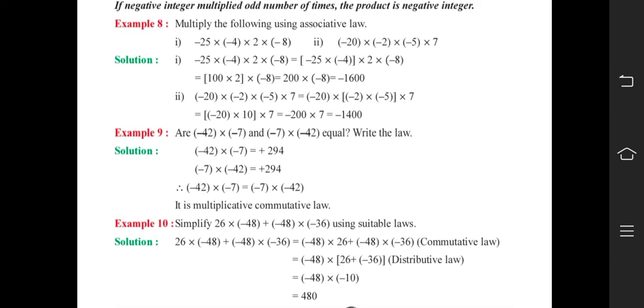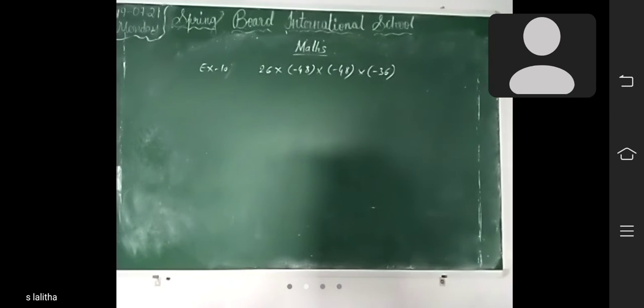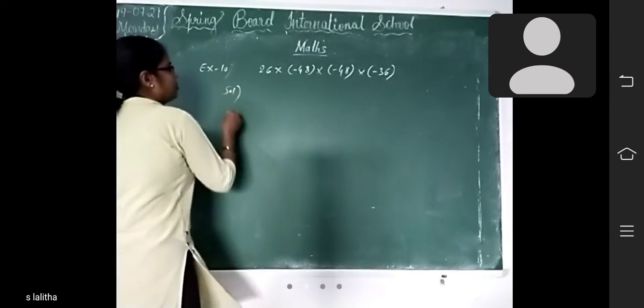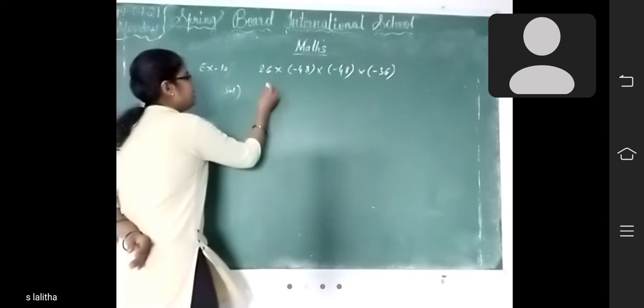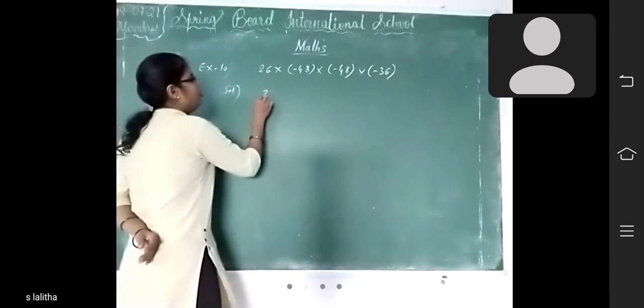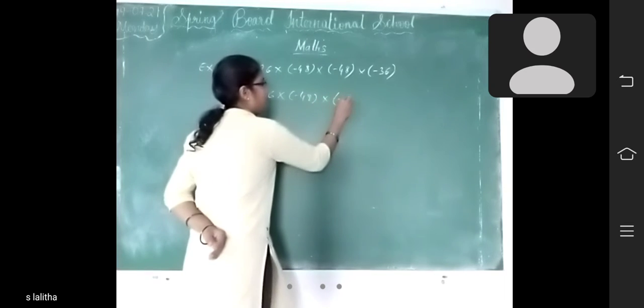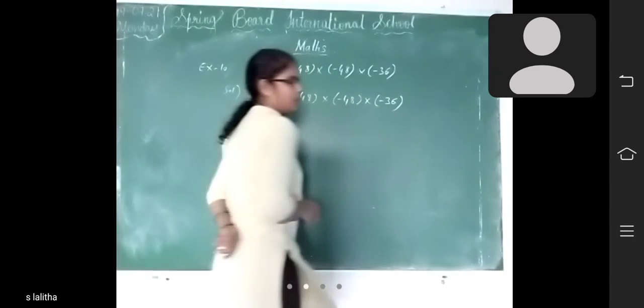You can do this sum. So what is the question given? 26 into minus 48 plus minus 48 into minus 36 is given.